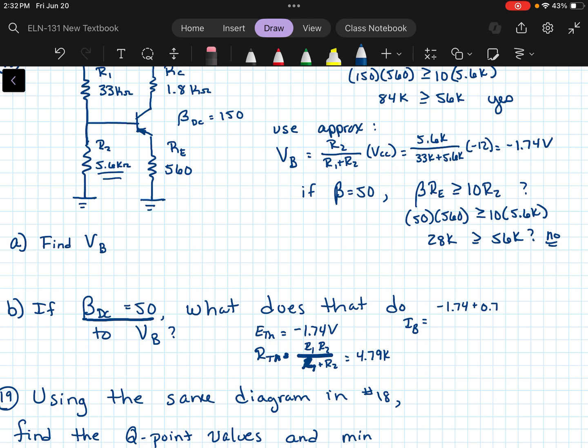Why is that? Because this is a PNP transistor, and so the drop of 0.7 would occur in the other direction, because the emitter current is coming in and the base current is leaving in terms of conventional current. Okay, and that's going to be divided by the beta plus 1 times RE, or 560, plus the R Thevenin, 4.79K.